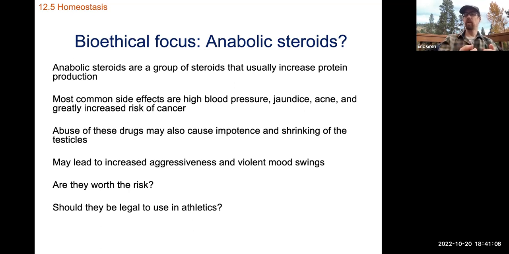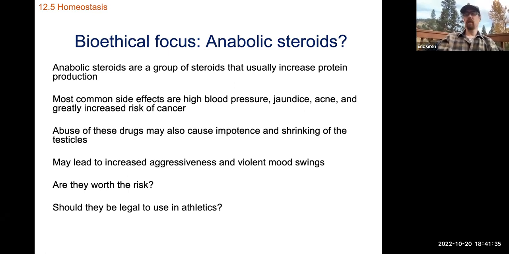And if we're breaking molecules, like when we break ATP to release energy, that process of breaking a molecule is called catabolic. So catabolic is breaking down a molecule. Anabolic is building a new molecule. And so what anabolic steroids are doing is they're actually triggering your body to build more protein. Okay, you're building more muscle. If you're taking an anabolic steroid, you're building more muscle.